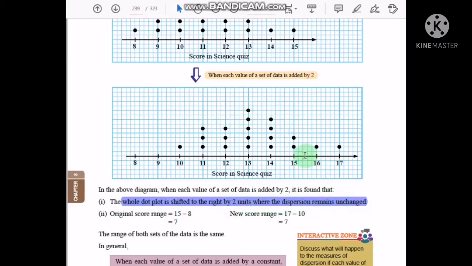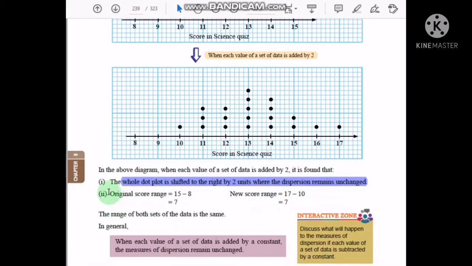The dispersion remains unchanged, but the whole dot plot is shifted to the right by 2 units because it is added by 2. The same goes when each value is subtracted by 2. The whole dot plot is shifted to the left by 2 units, and the dispersion remains unchanged.